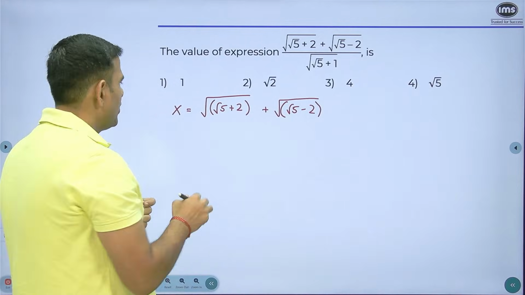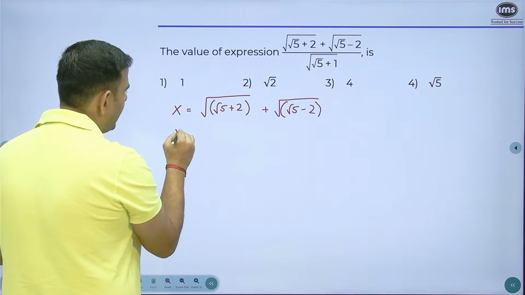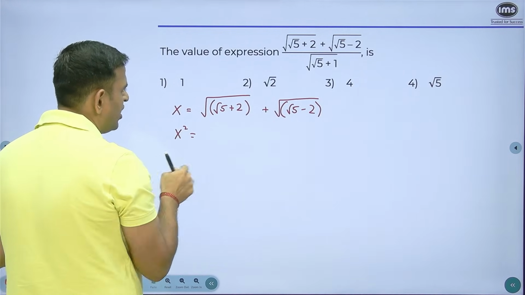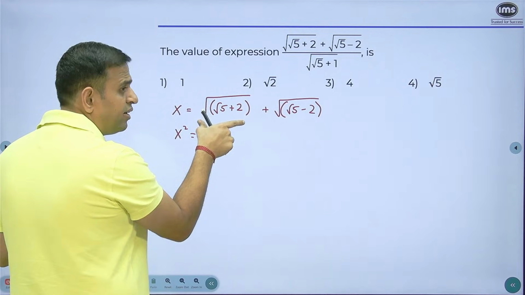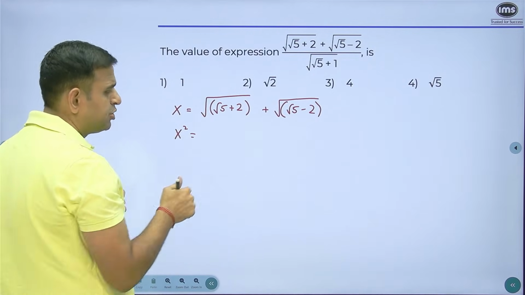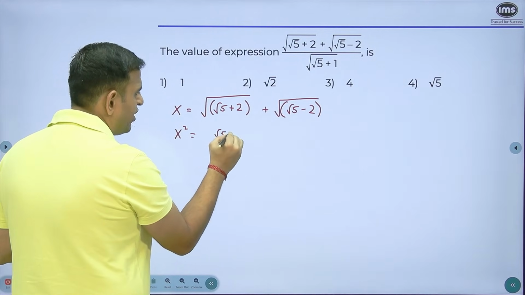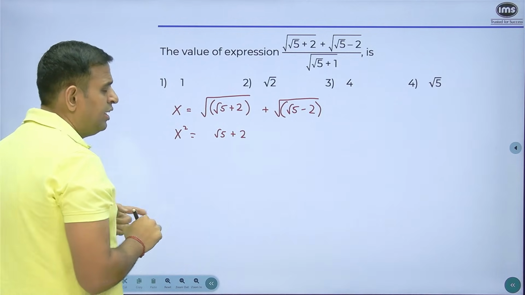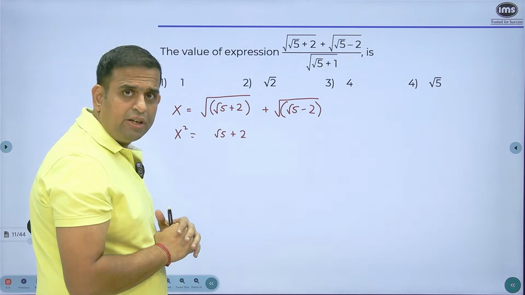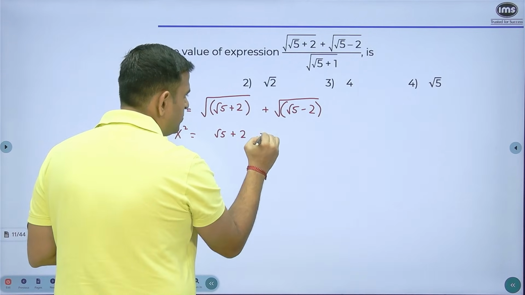So if I do that over here, the term x square will simply become, if I do the square of this particular term, the square root will vanish and you get root 5 plus 2. If I do a square of this particular term, then you will get root 5 minus 2.